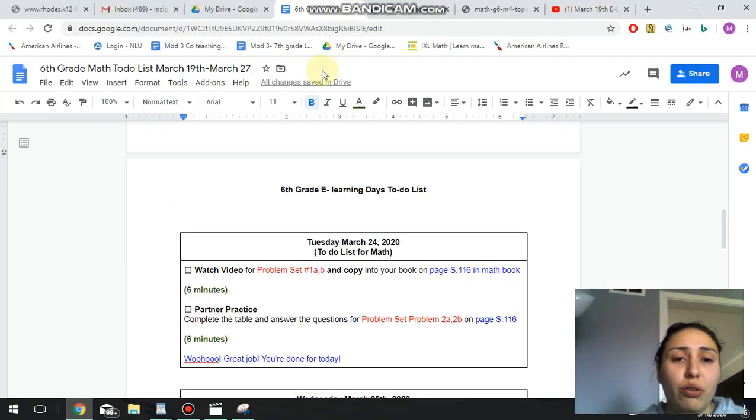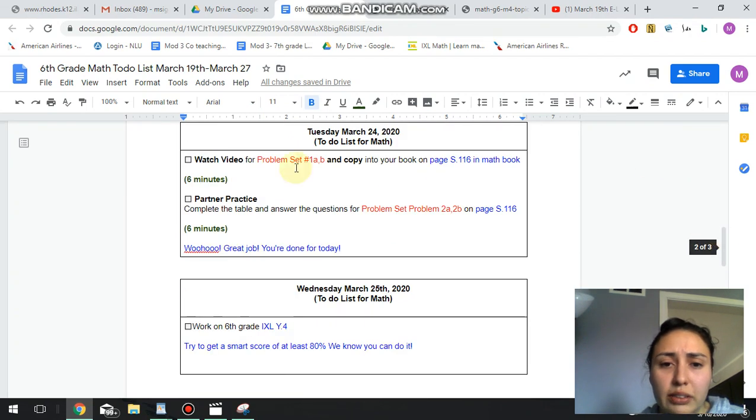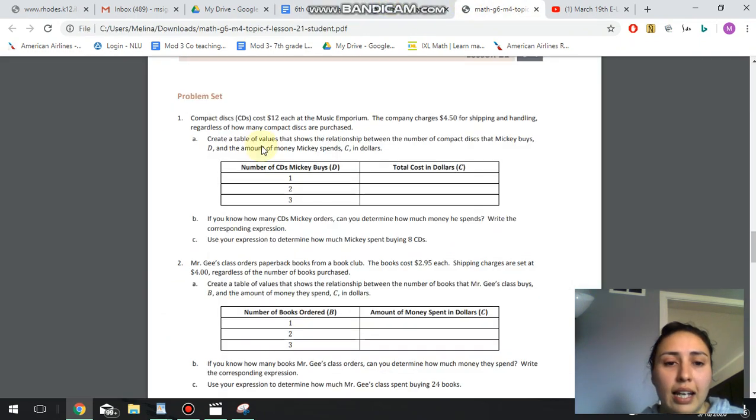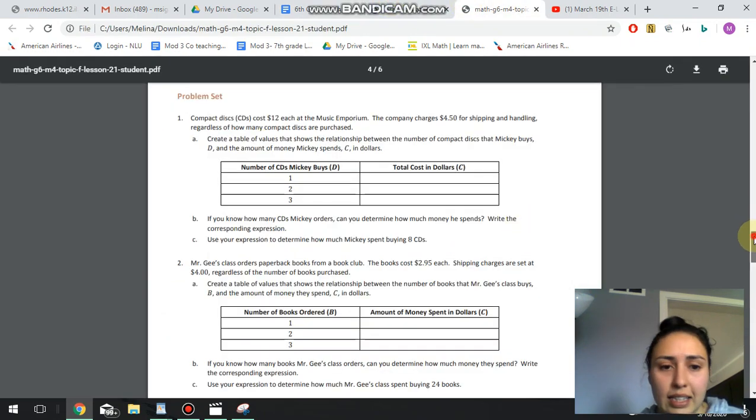Let me go back and show you. So if I look at my to-do list, today is Tuesday. We just did A and B, and I copied it in my book. You did too, I hope. And now your problem set is 2A and 2B on the same page. So it looks like this.